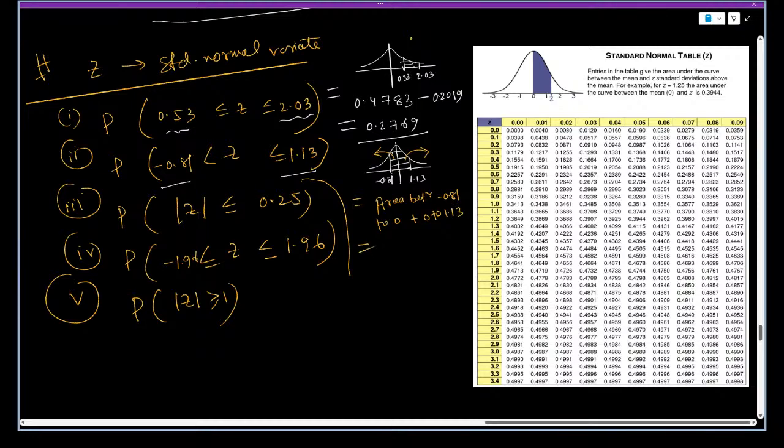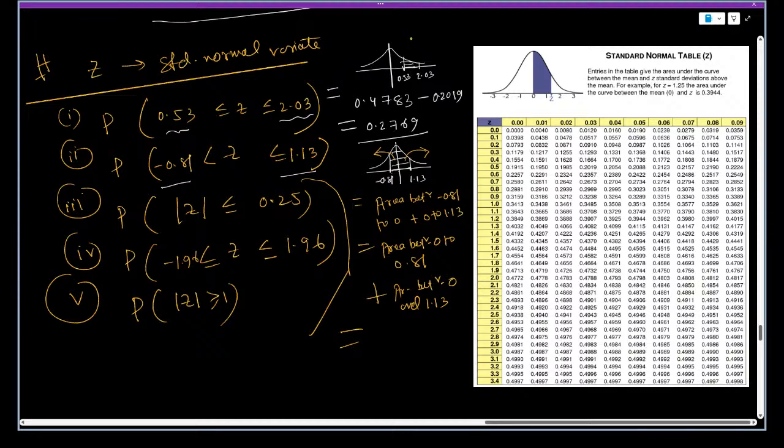But the area between minus 0.81 to 0 means the area between 0 to 0.81, plus the area between 0 and 1.13. The area between 0 to 0.81 you know very well. All of you know this. Just put the value.